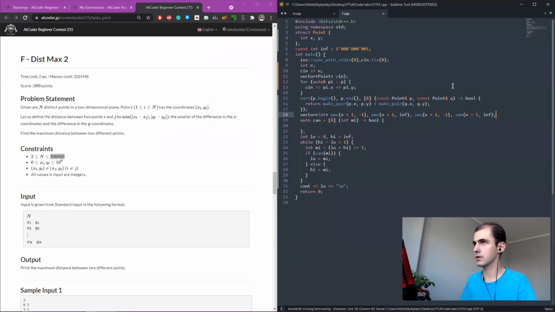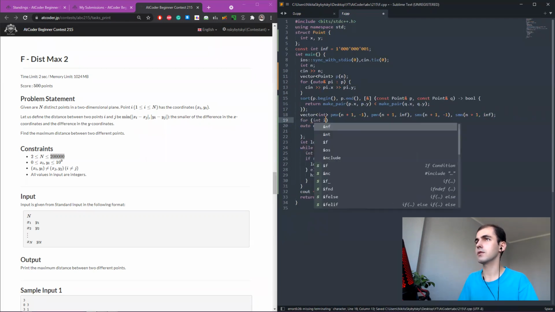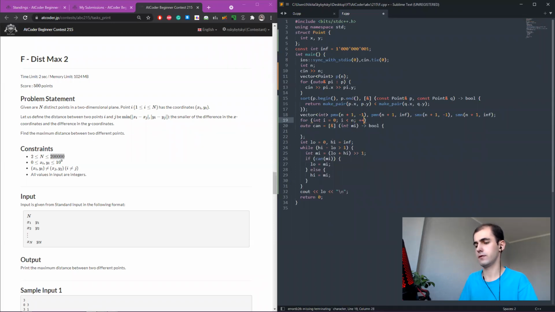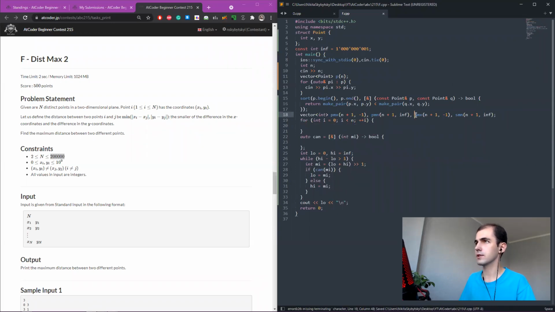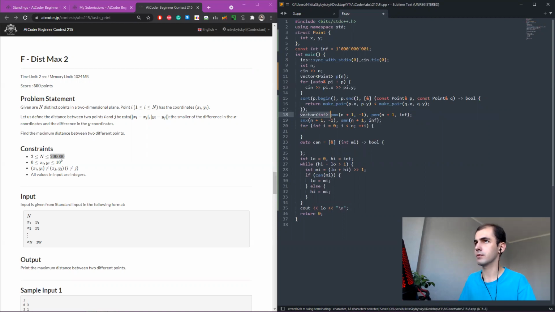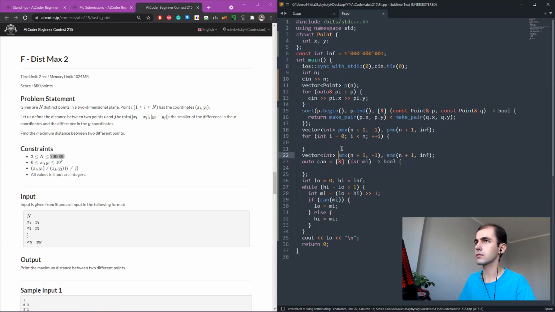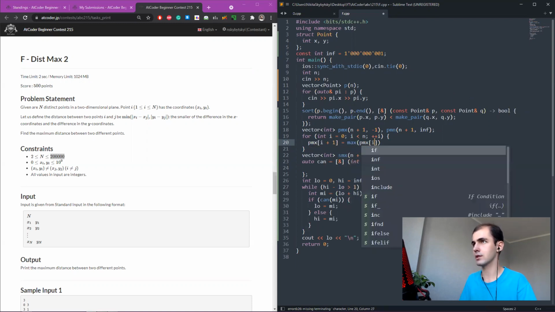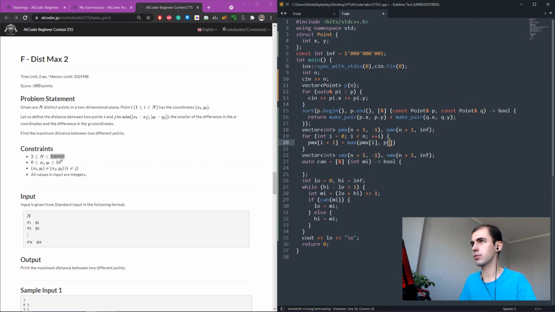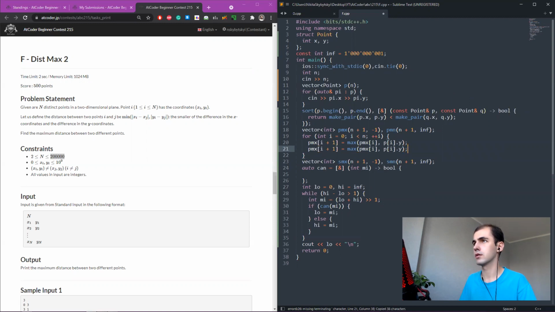Just standard. Right, then we'll loop over i first in this order to fill prefixes. So I guess it's better if I break it like this. Prefix maximum at i+1 gets the maximum of prefix maximum at i and the point's y at i. Minimum similarly.